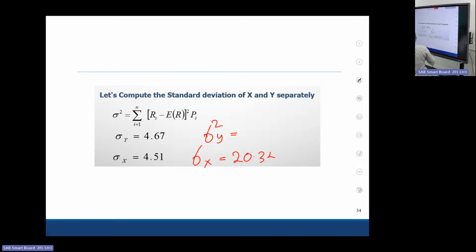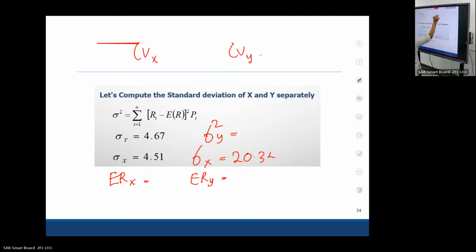You will get the answer for this one also. And calculate the coefficient of variation for X and Y also.